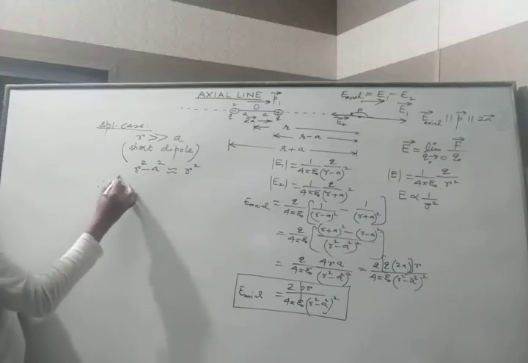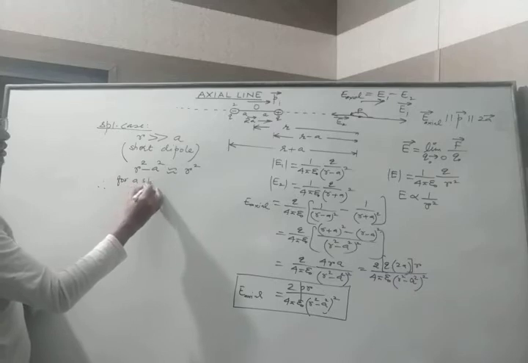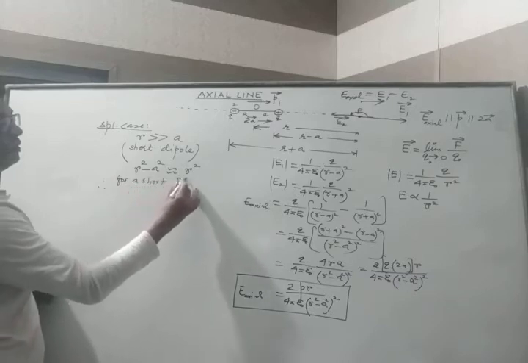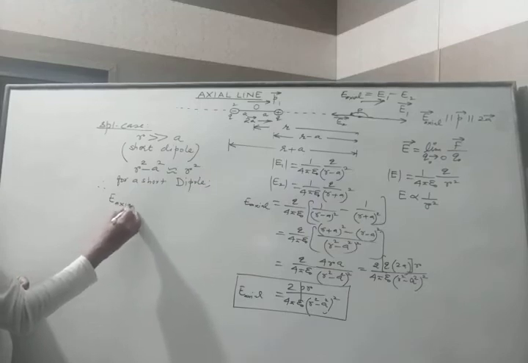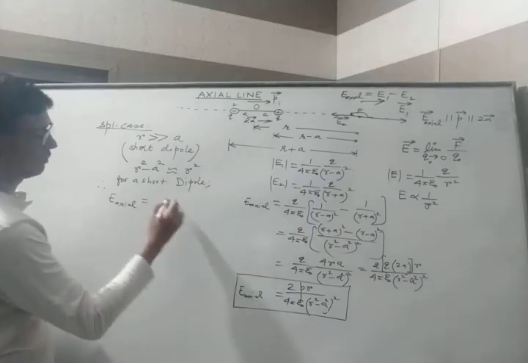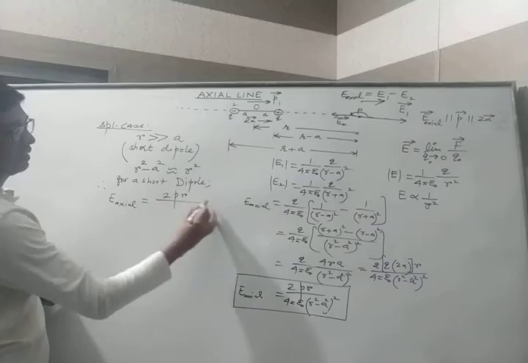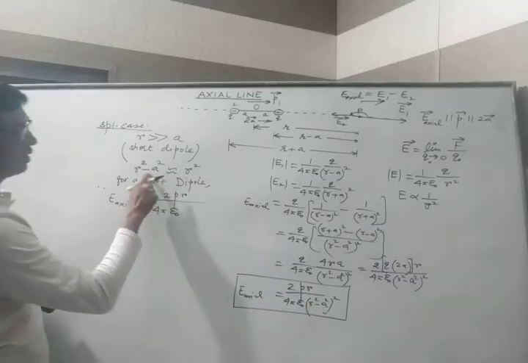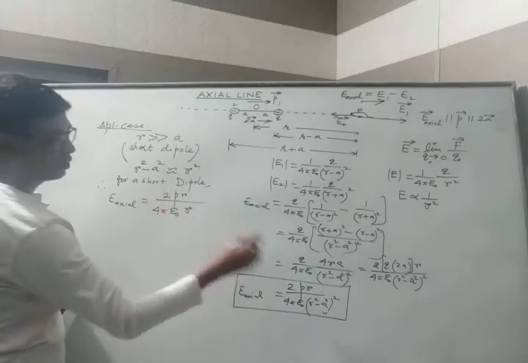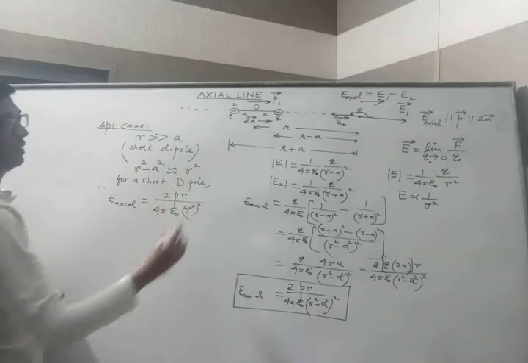Therefore, for a short dipole, E axial will be represented by twice PR divided by 4 pi epsilon R square minus A square whole square. It can be written as R square to the power square, that is R to the power 4.